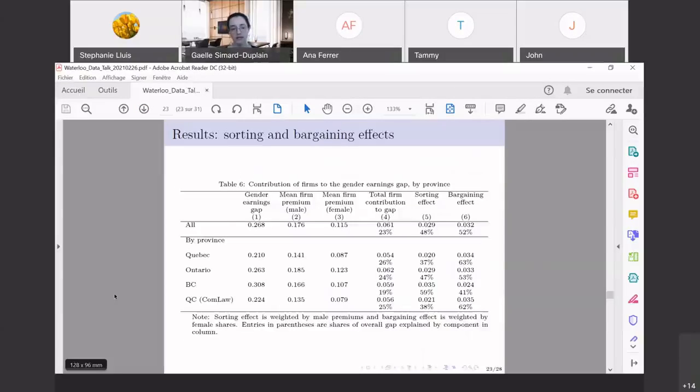Finally, I haven't mentioned this yet, but this part of the literature is going to compare the different channels, but doesn't yet say that much about what drives the importance of those different channels.